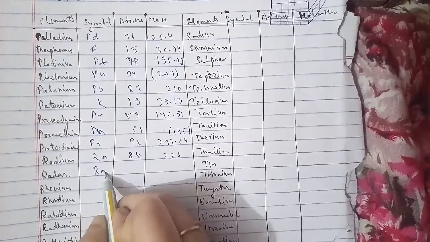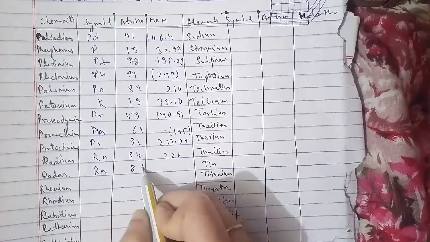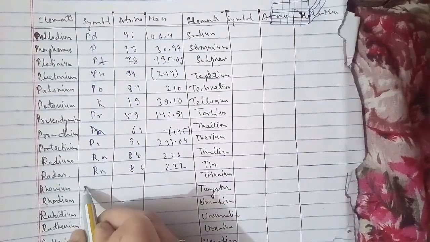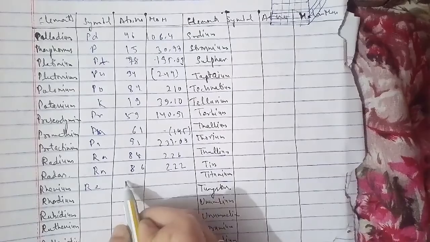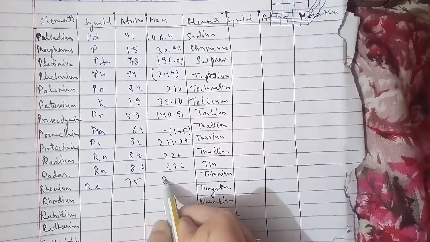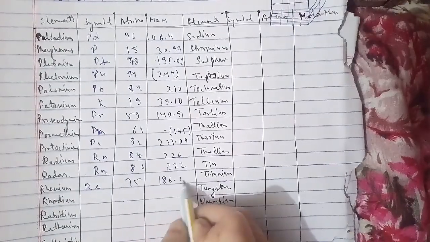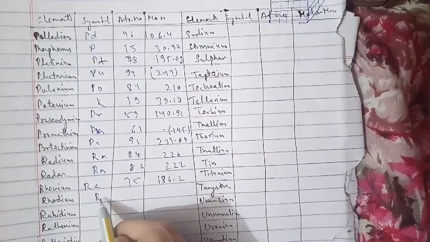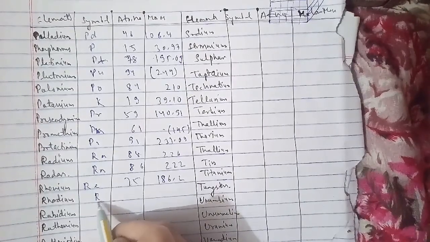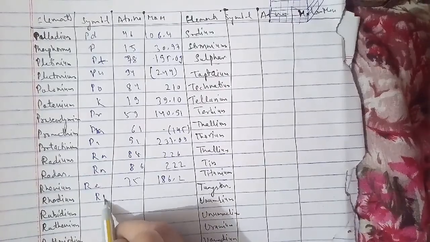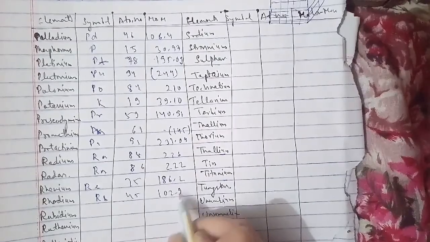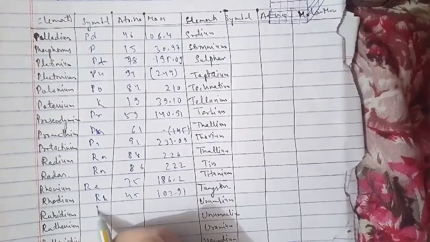This is Sg, 106, 266. Se, 34, 78.96. This is Si, 14, 28.08. This is Ag, 47, 107.87 here. Now we'll talk about another element, the sodium, represented by Na, 11, 22.99.